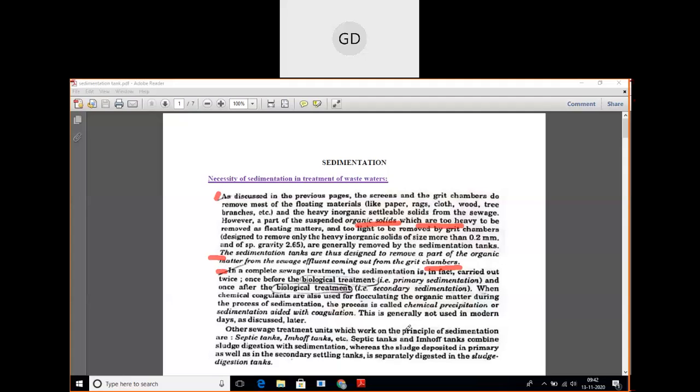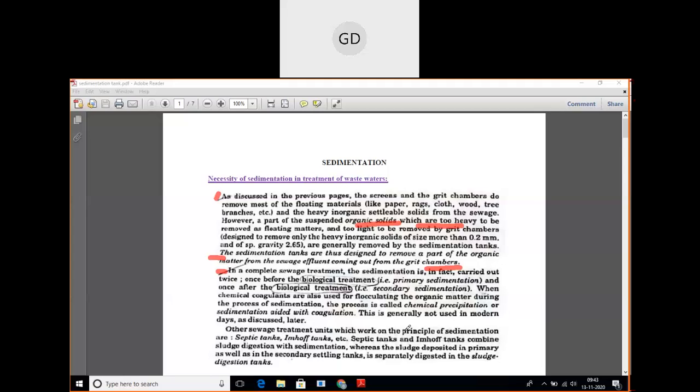One is before the biological treatment is done, that is your primary sedimentation. And one is carried out after your biological treatment, or you can say after the secondary treatment, or secondary sedimentation.